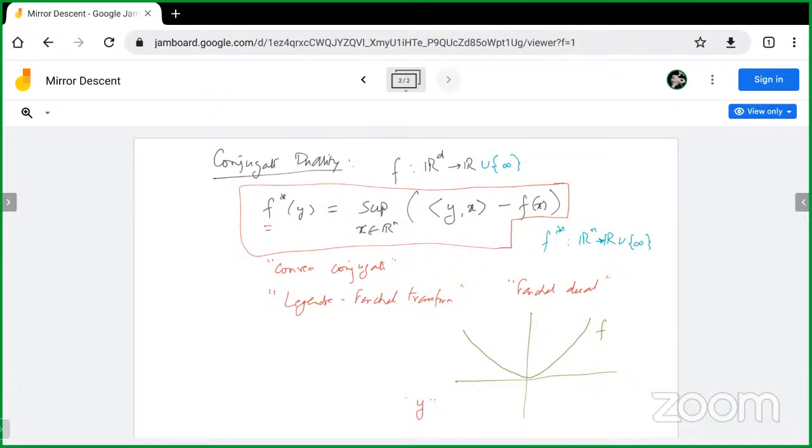I'm saying look at every point x. So let's say this is my x, and I'm asking for the difference between f of x, which is this height, and the inner product of y and x. Yeah, so the inner product, I don't know where, maybe it's here. So this is y inner product x.